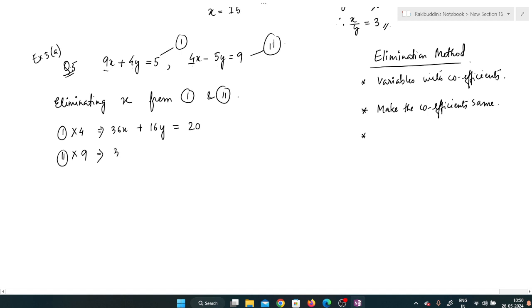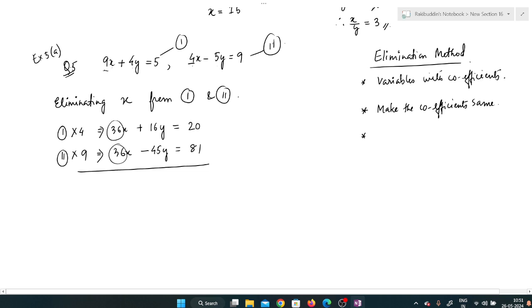So it becomes 36x, then 9 fives are 45, minus 45y, and 9 nines are 81. I hope till here it is clear. So the first step is done. The first step was choosing a variable, we have chosen x, and the next step was to make the coefficients the same. So this is also 36, this is also 36.